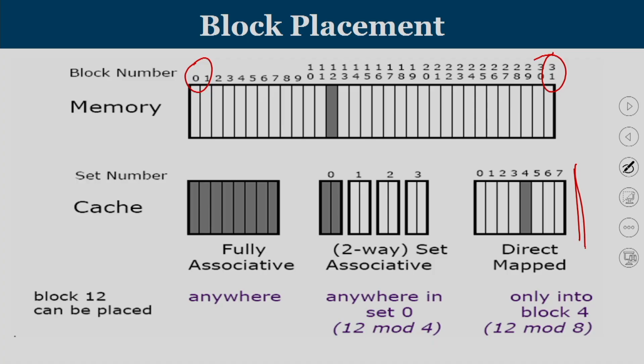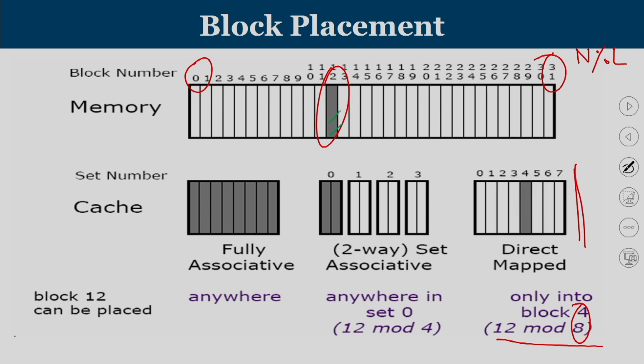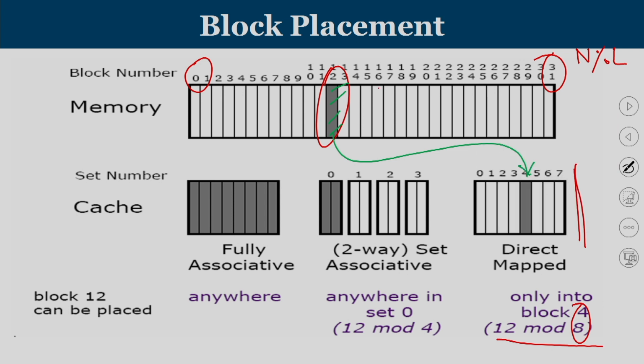So, if you have block number n to be mapped to a cache memory with L blocks, then it is n mod L. In this case, we are talking about block number 12. So, we use 12 mod 8. Why 8? Because our cache memory has a total of 8 blocks. So, 12 mod 8 is 4. That is the reason your 12th block in the main memory is mapped to the 4th block in cache.